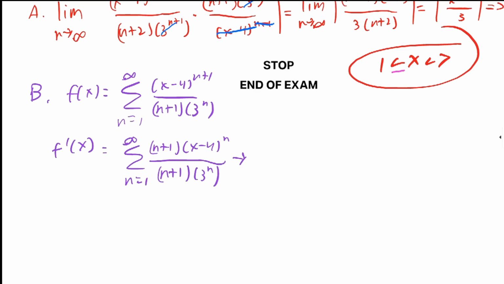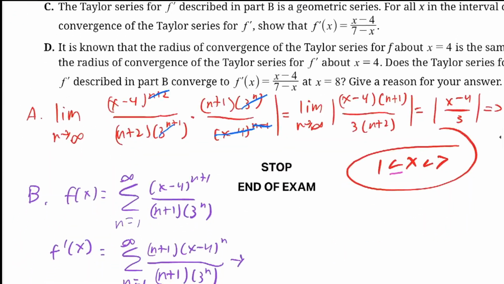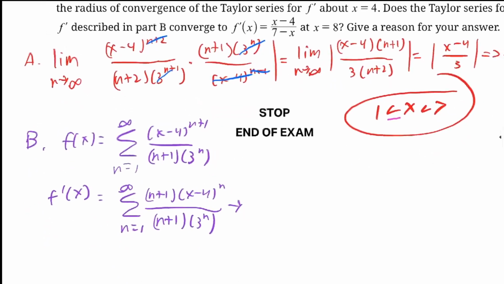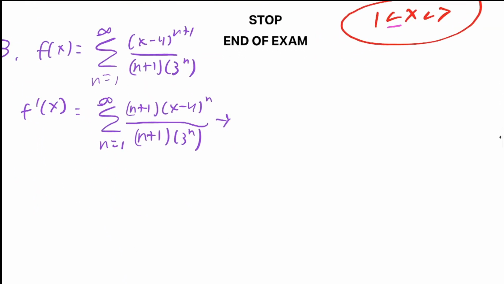So plug in n equals 1. Is it about anything? For about x equals 4, yeah, nothing. Okay, so the first non-zero term, plug in 1. If you plug in 1, you will get 2 times x minus 4 over 6 for the denominator.